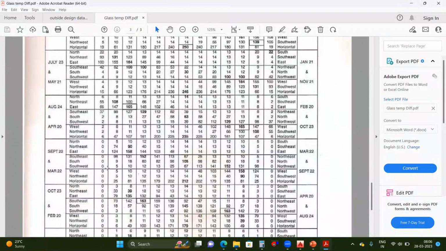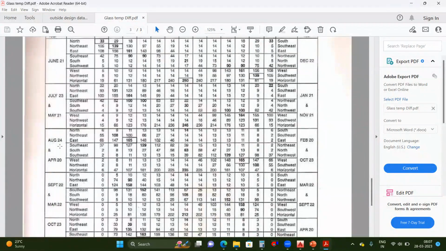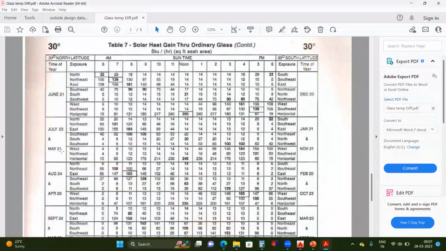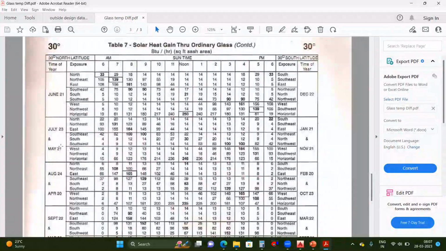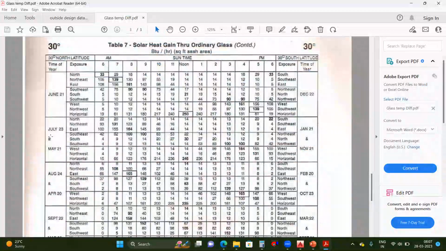So we need to take the values from July to May. Why? Because these are the summer condition months, and also the peak temperature in summer will be in these months, July and May. Okay, we have selected the month, and next one is exposure.